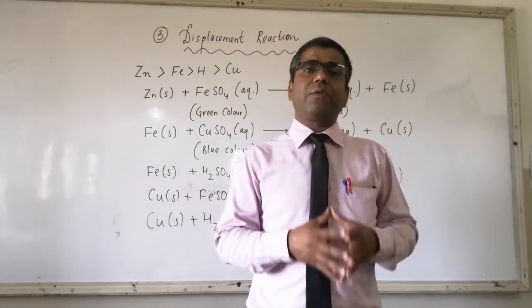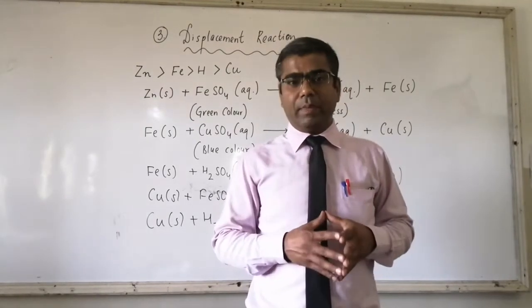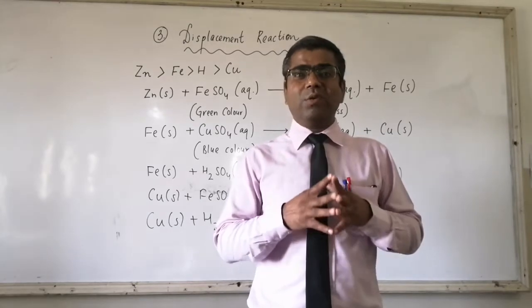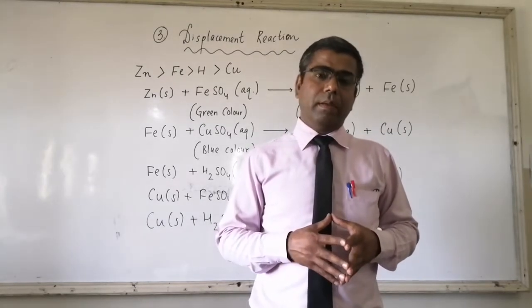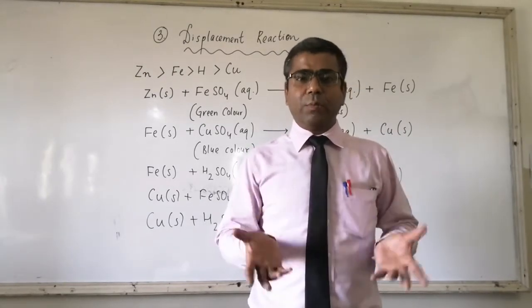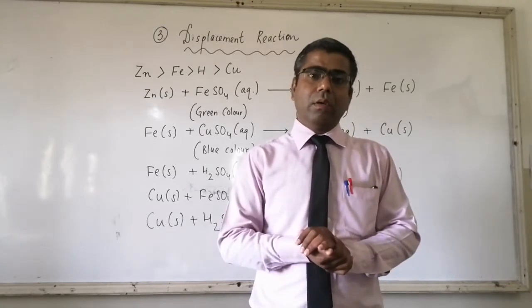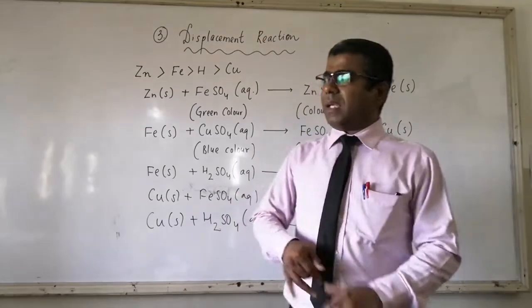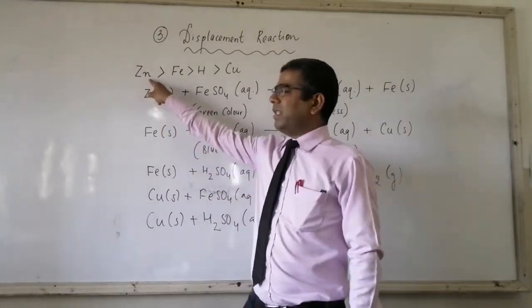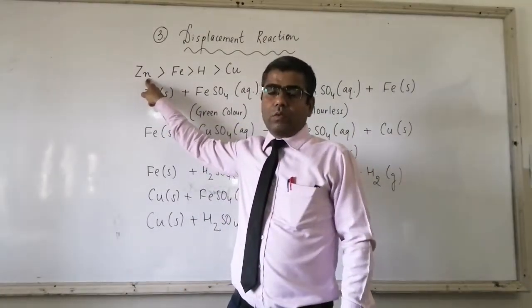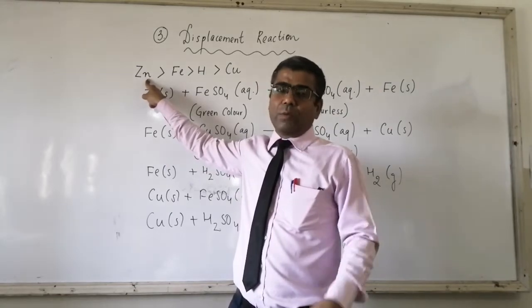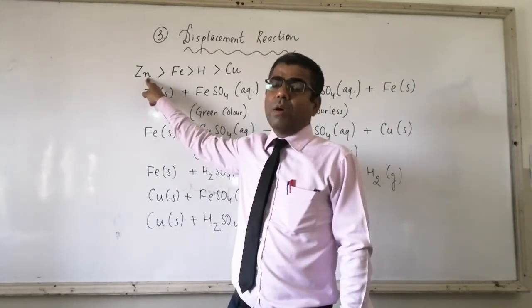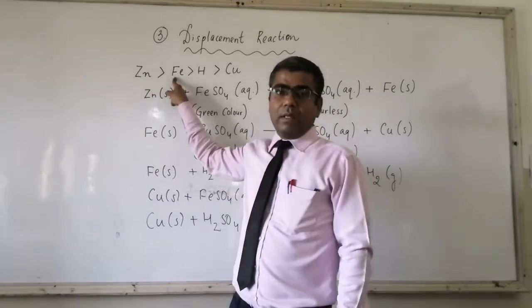They have electron losing tendency. If electron losing tendency is more, metal will be more electropositive and it will be more reactive. So zinc is having more electron losing tendency, so we can say zinc is more electropositive, or more reactive than iron.